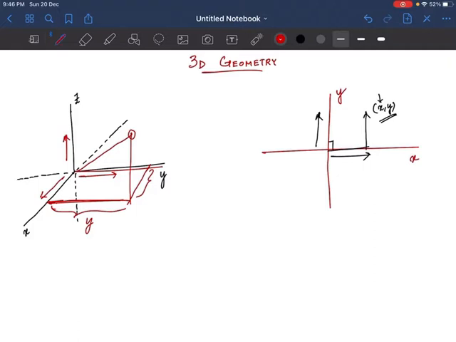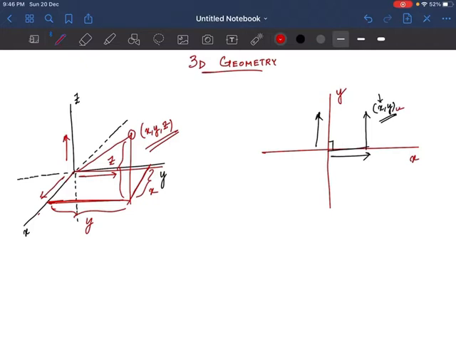Look here, this length is parallel to the x-axis, so I am taking the length in the x-axis way. So this is x, and this vertical line which is parallel to the z-axis is nothing but z. These three lengths comprise this point as x, y, z. So that's how we find coordinates in 3D geometry. It's just an added axis. Here it is x, y, here it is x, y, z.